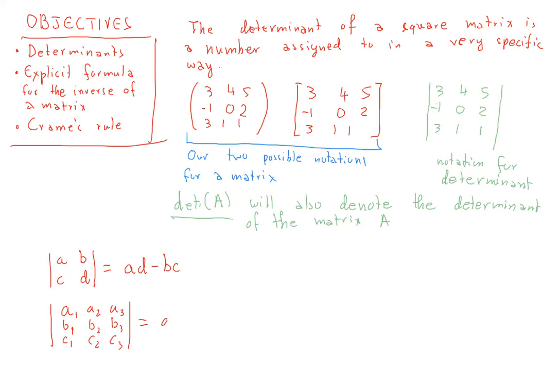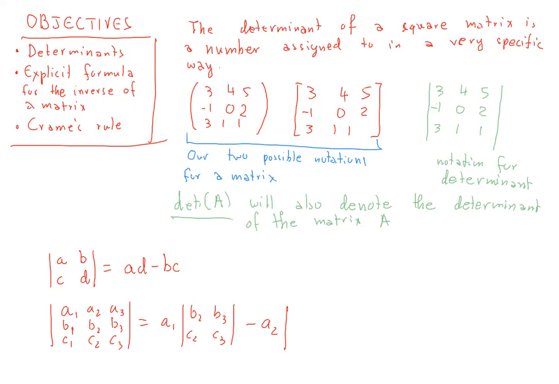So we were expanding with respect to the first row. We delete the row and the column that contained the first entry, and that gives us the determinant B2, B3, C2, C3, which is a 2x2 determinant that can be computed, as we said before. Then we put minus A2. Determinants are highly alternating objects. You play with pluses and minuses as much as you can.